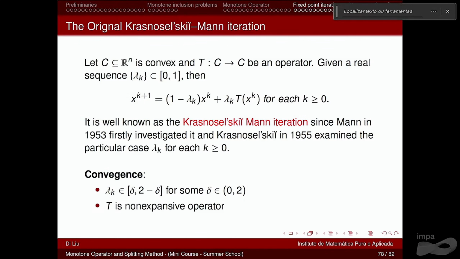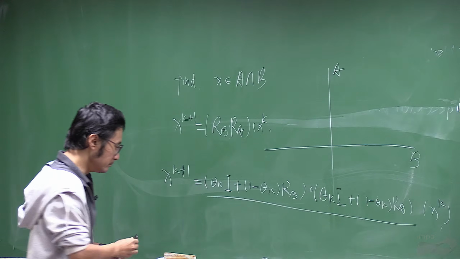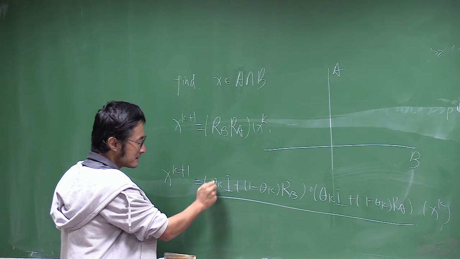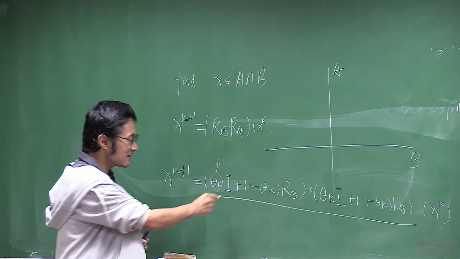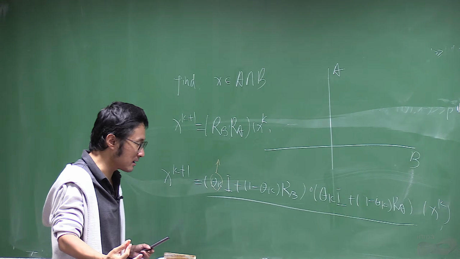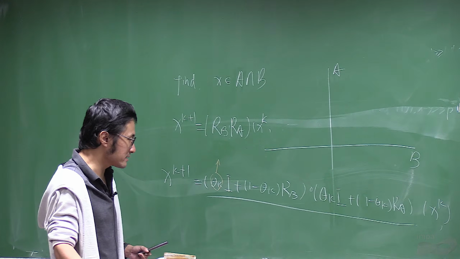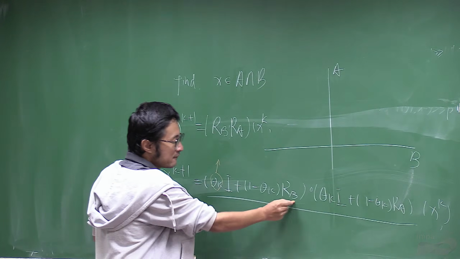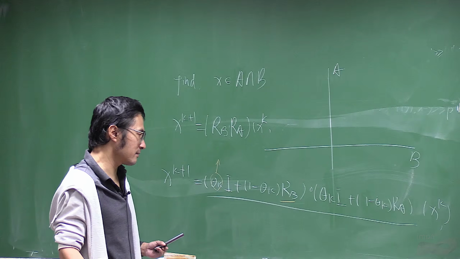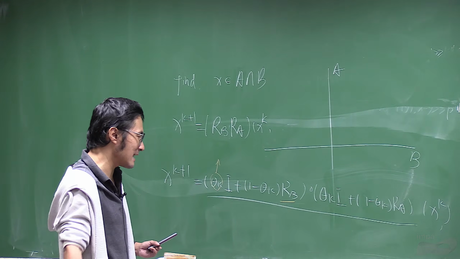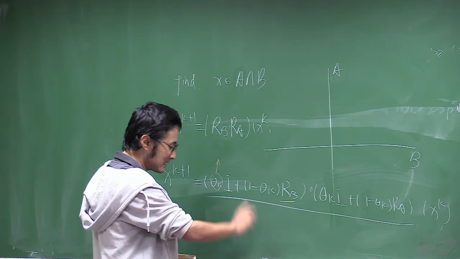This extension means that in some cases we can increase theta k if the identity can increase the convergence. If the reflections can accelerate the convergence, we decrease theta k here.